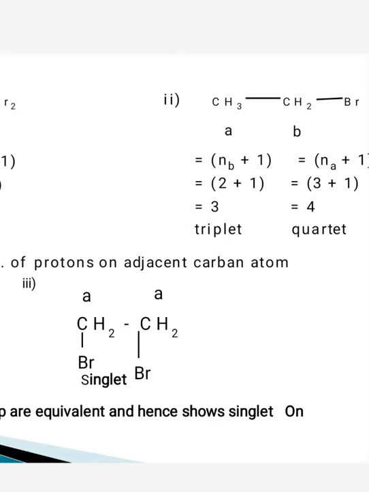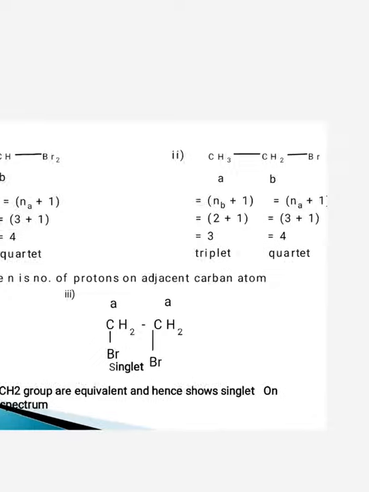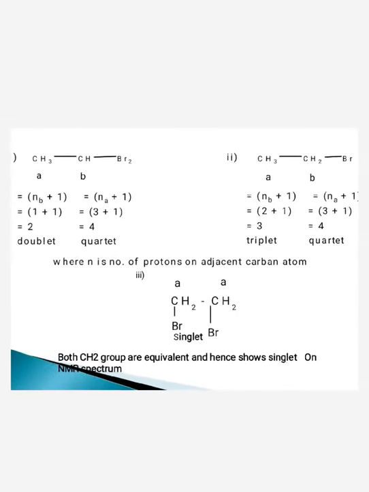The number of Na protons is 3, so 3 plus 1, we get 4 lines for the B set. By solving this problem, first give the total types of protons, equivalent and non-equivalent protons, then give the multiplicity, and if possible give the chemical shift values.